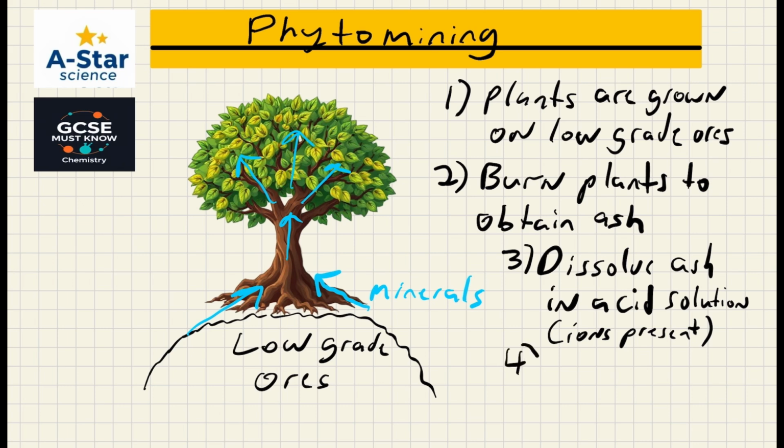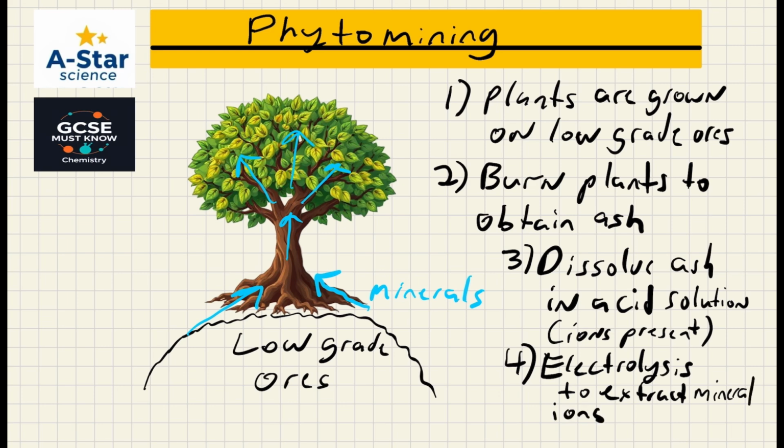But they still need to get those ions and concentrate them. And they can do 2 things. They can do electrolysis to extract the mineral ions, or they can use displacement.